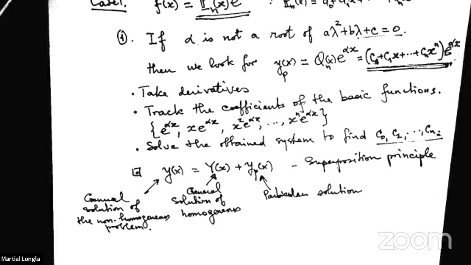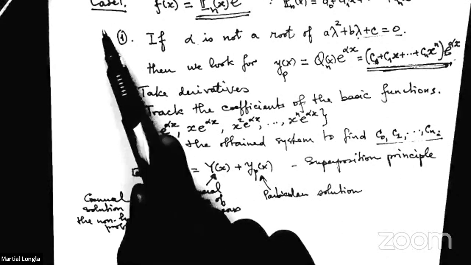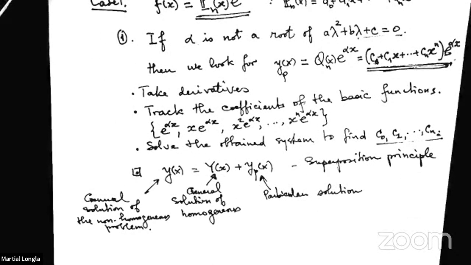And in this specific case, a particular solution can be found using this formula. That's all the method is about. And now the problem will be how to navigate this from one case to another. Notice that here, this is just case 1. We got many cases.